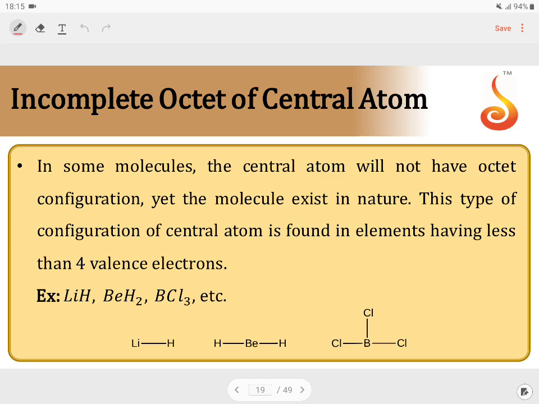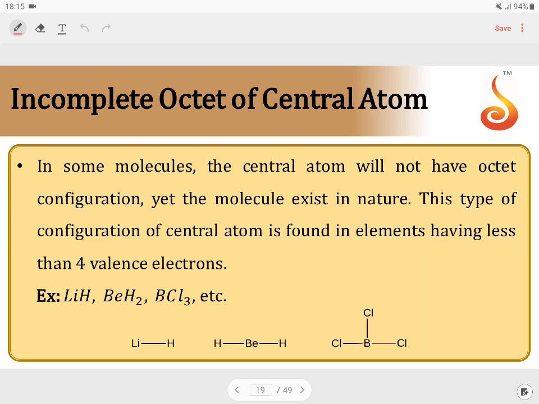If you consider incomplete octet, in certain compounds the central atom, even after the formation of bonds, will not attain 8 electrons in the valence shell. But they exist in nature, no doubt. They have less than 8 electrons in their valence shell.